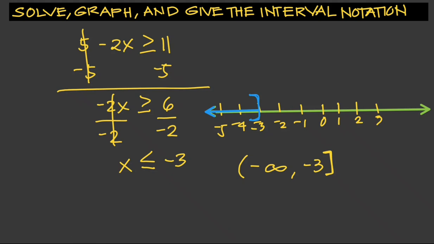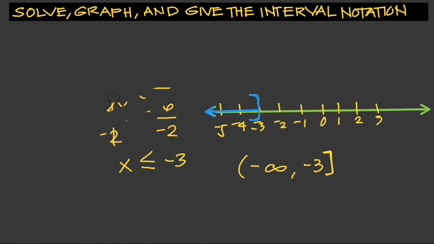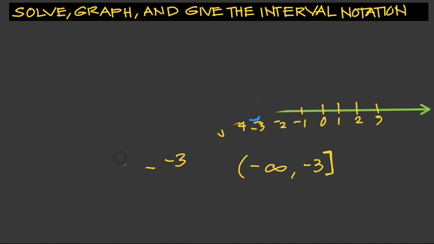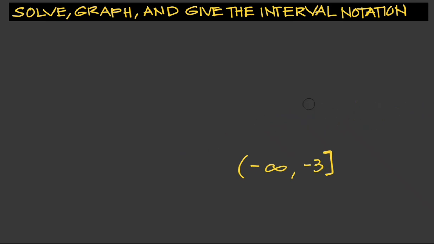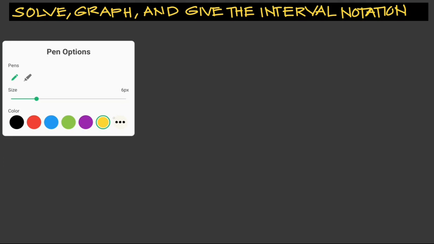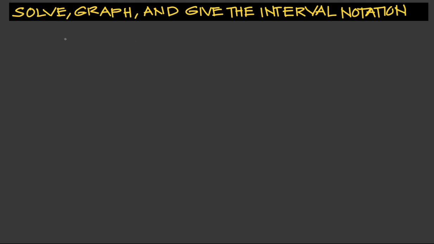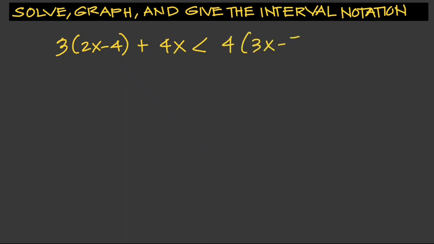Okay, let's try another problem here. What if we're given this problem? 3 times 2x minus 4 plus 4x less than 4 times 3x minus 7 plus 8.